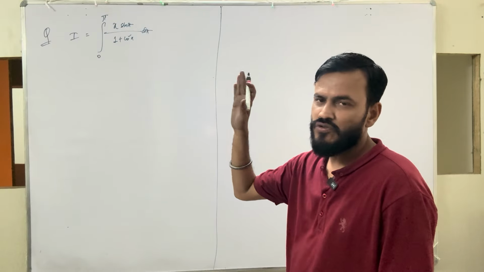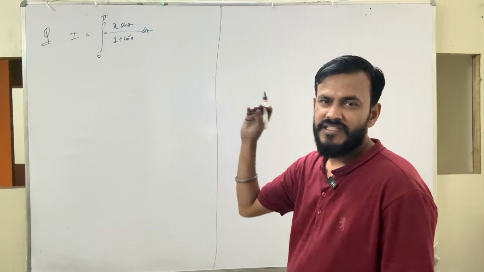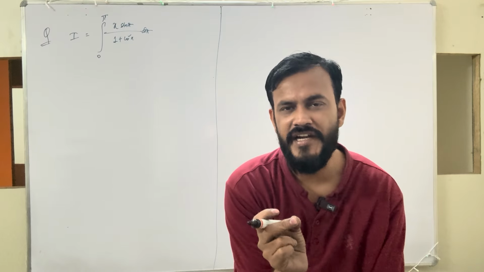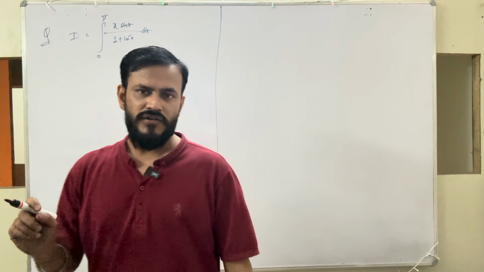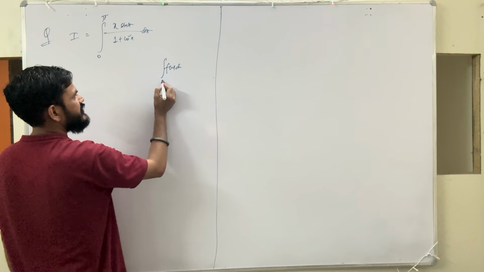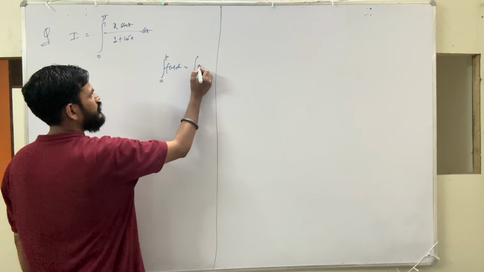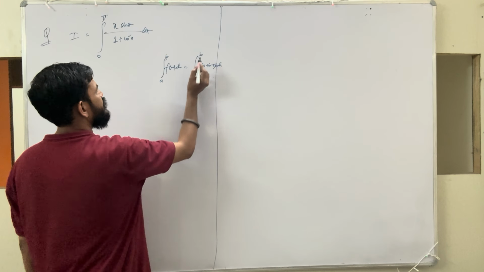If it doesn't have modulus, if it doesn't have minus a to a limit, then the third possible kind of property that you need to use is we replace the function: integral of f(x) dx from a to b is equal to integral of f(a plus b minus x) dx from a to b.